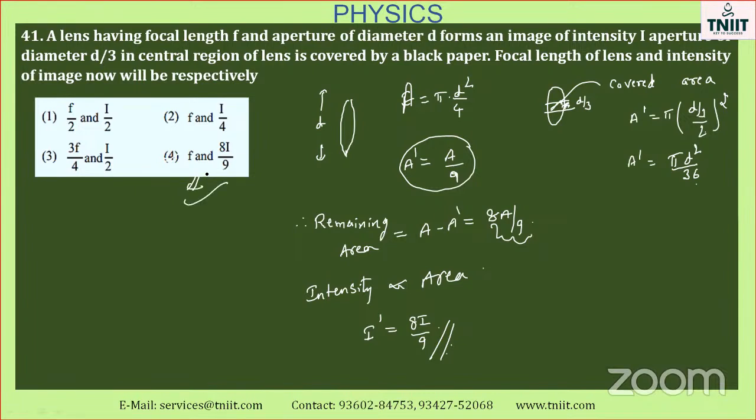The focal length will not change, because if you cover the lens with black paper, its focal length will remain same. Only the intensity will change. So the intensity becomes 8 times of I divided by 9.